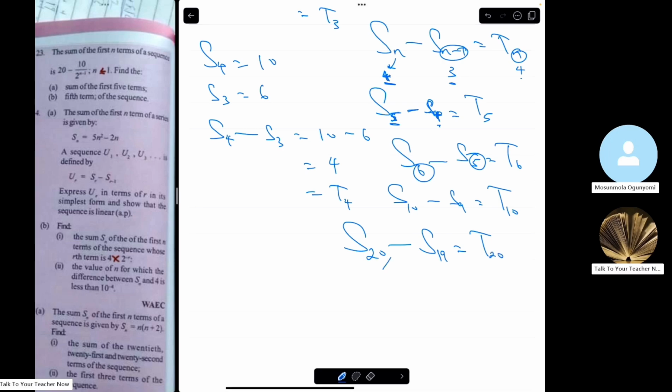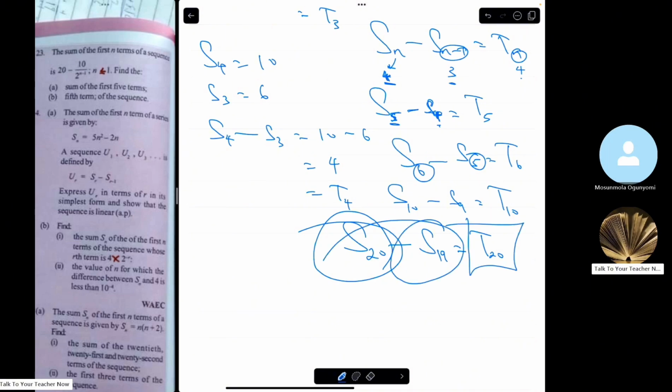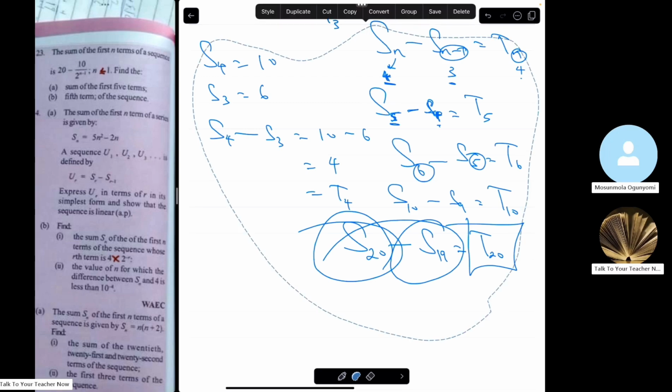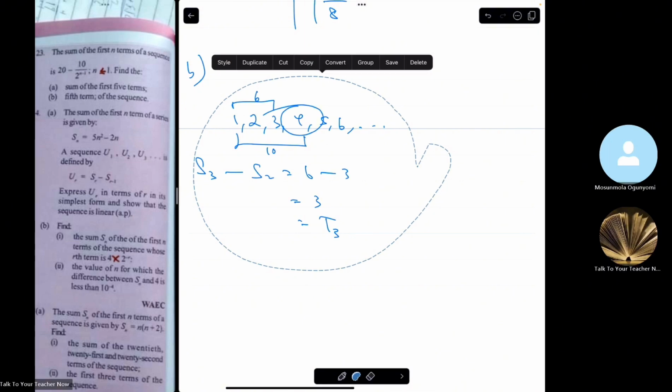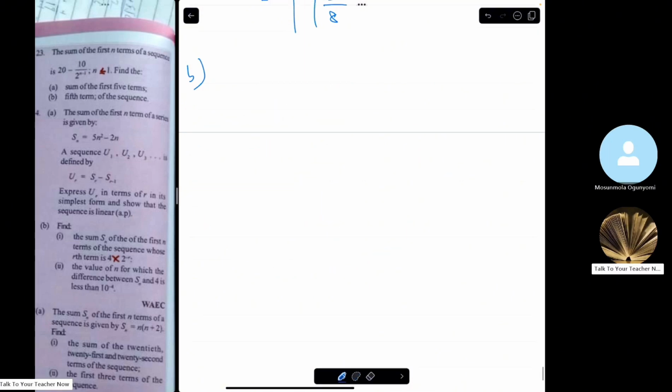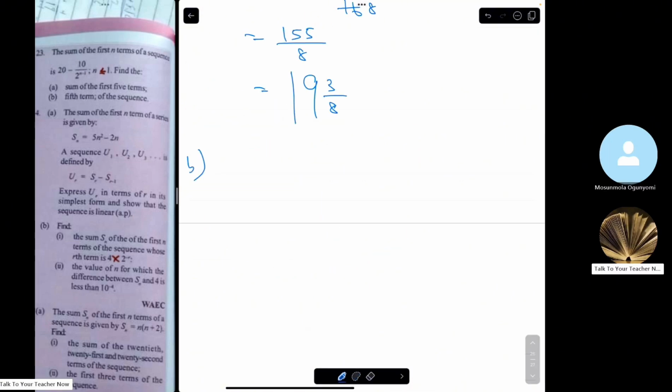So the sum of the first 20 terms minus the sum of the first 19 terms will give us the 20th term. Do you understand? We'll write it down so that it will be easy to remember when we need it. So Sn minus Sn minus 1 equals Tn.